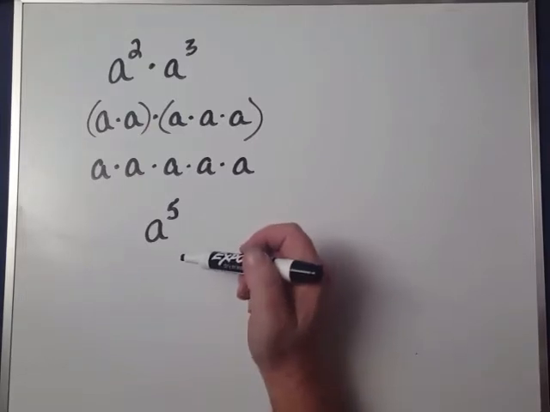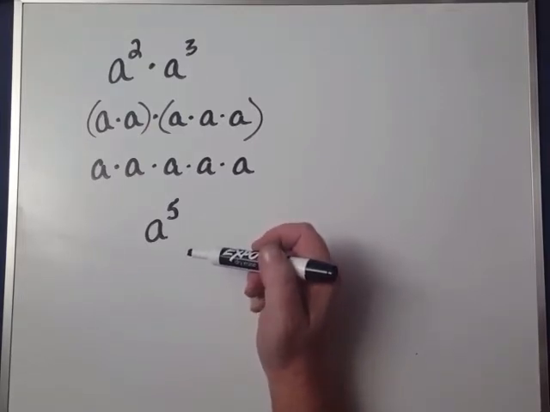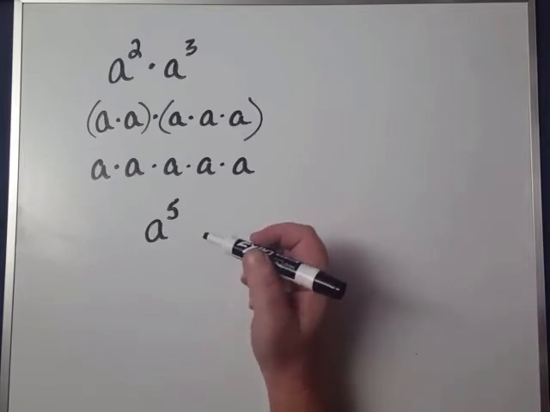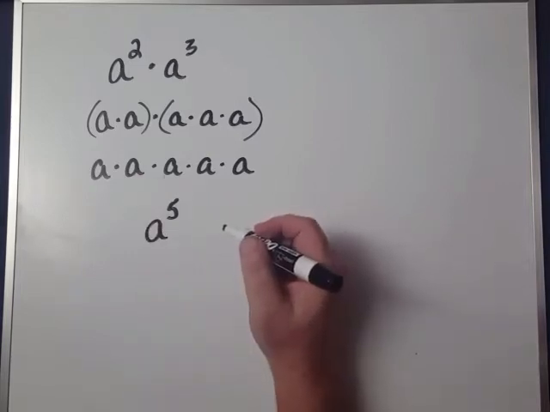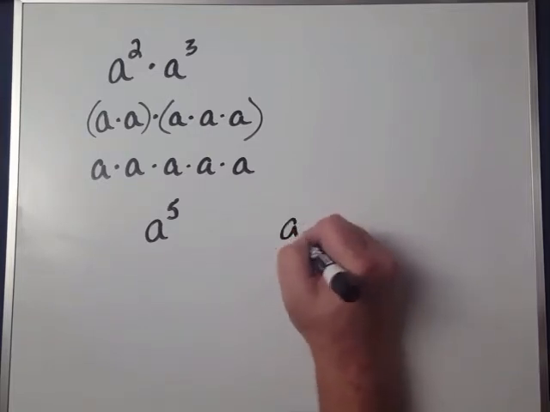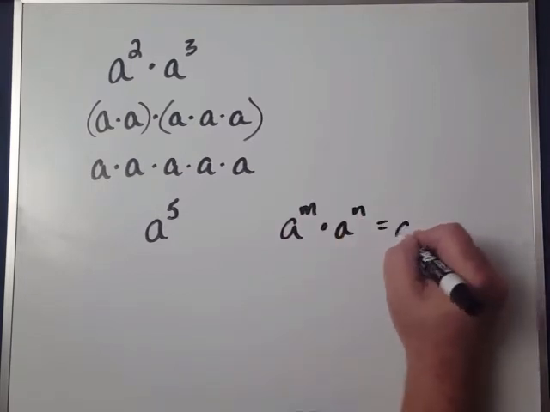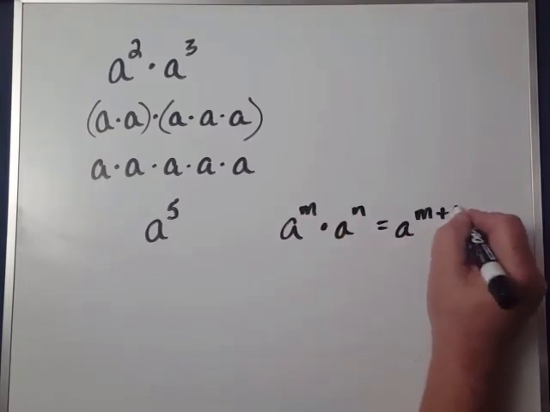And so this leads us to our first rule. Brown box, page 263, says for any positive integers m and n, so these are for positive powers, a to the m times a to the n equals a to the m plus n.